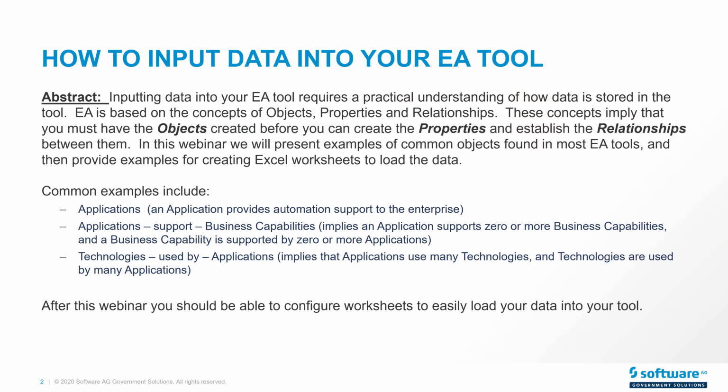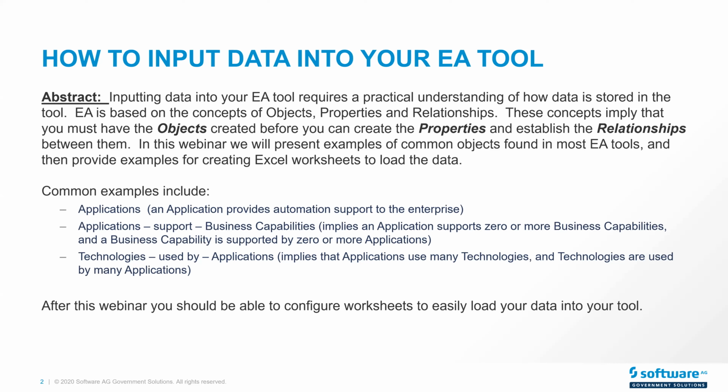So one of the first premises and first requirements that you've really got to understand about inputting data into your EA tool is understanding how your tool stores data in the repository of the database. And EA is really all about the concepts of objects, properties, and relationships. Some common examples are, how do I get all my applications into the EA tool?